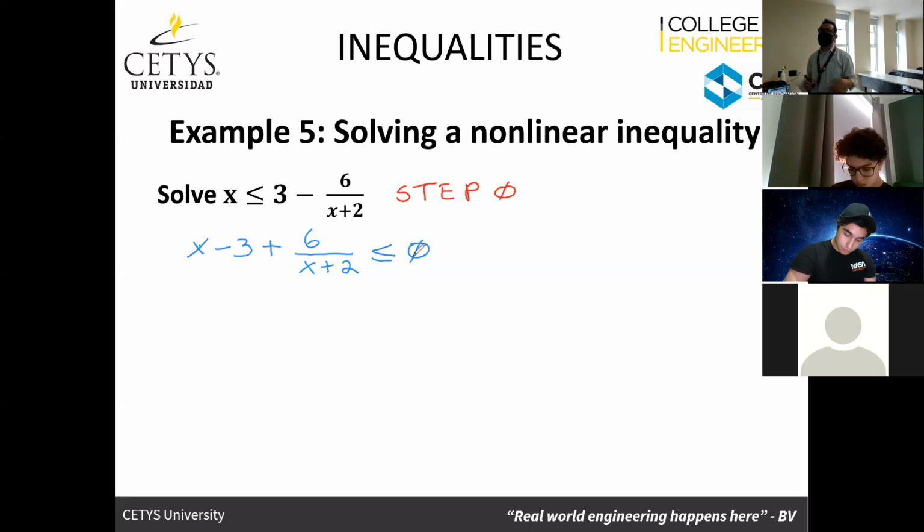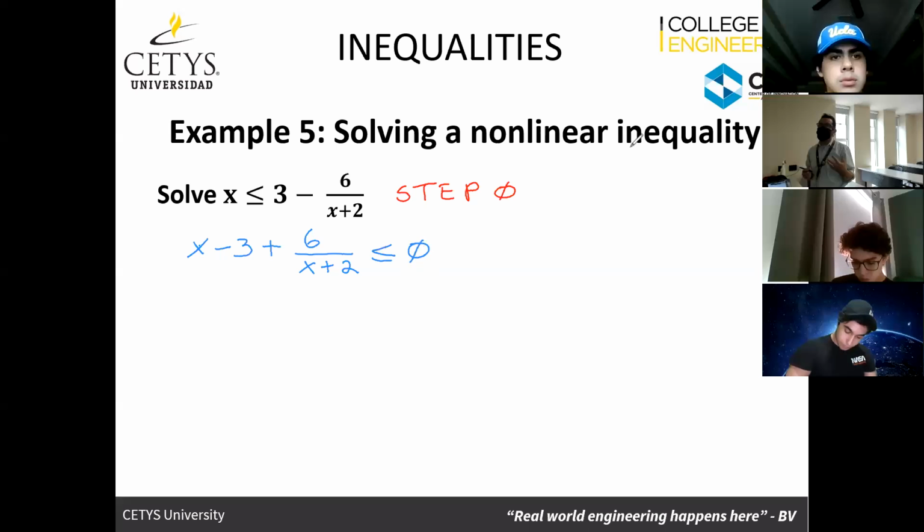The only thing I did there is that the 3 is positive, so I'm sending it to the other side negative. The 6 divided by X plus 2 is one element, and I'm sending it to the other side with a different sign. And that I can do without affecting the inequality.